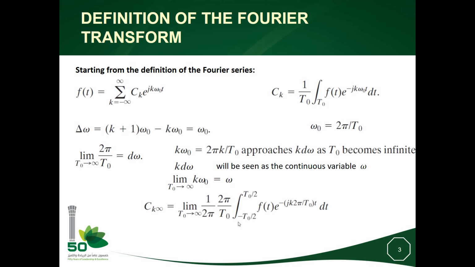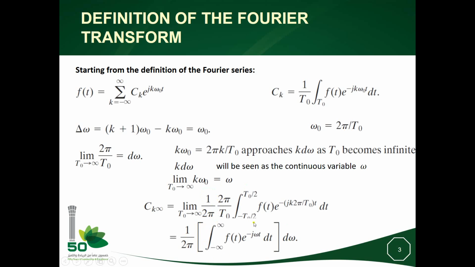So here I get an integration over one period of time, and I will replace the variable k omega 0 by omega, which is the continuous omega that will take values in R. After this substitution, we will see that this term is replaced by the term between brackets, and the 2 pi over T0 will stand for the variation of omega, noted d omega, and of course I have a coefficient 1 over 2 pi appearing here.